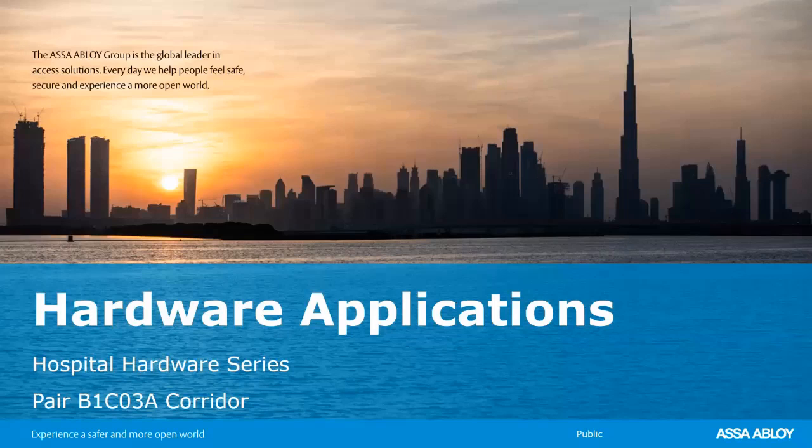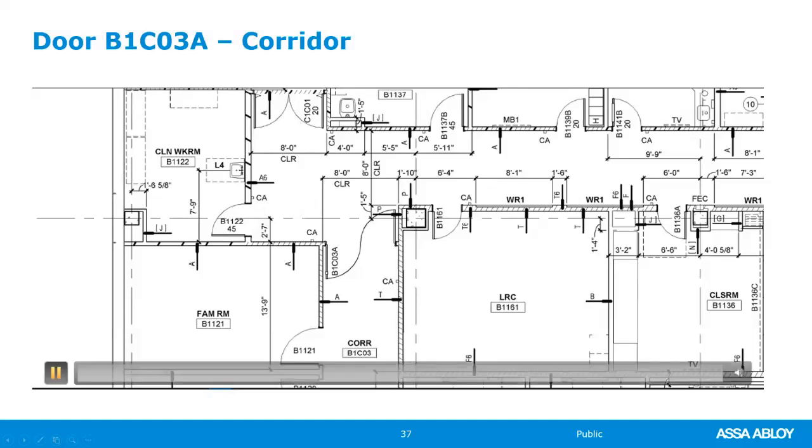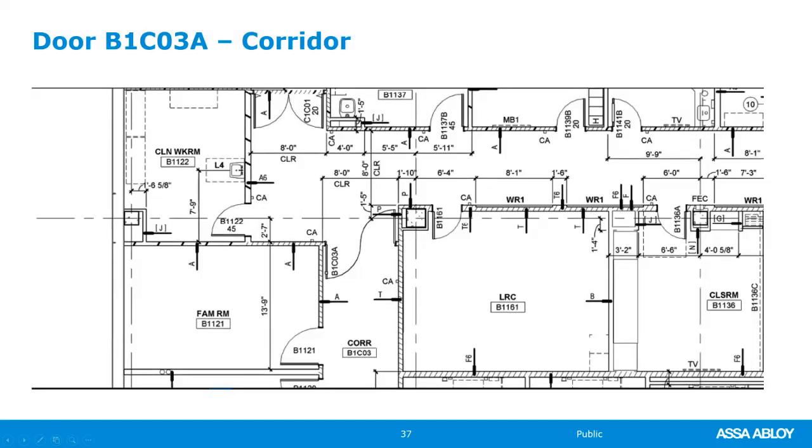Okay. The final one for today is another pair of doors in a corridor. The next pair of doors is this double egress pair of doors that is located right next to the behavioral health section of the first floor of this hospital.